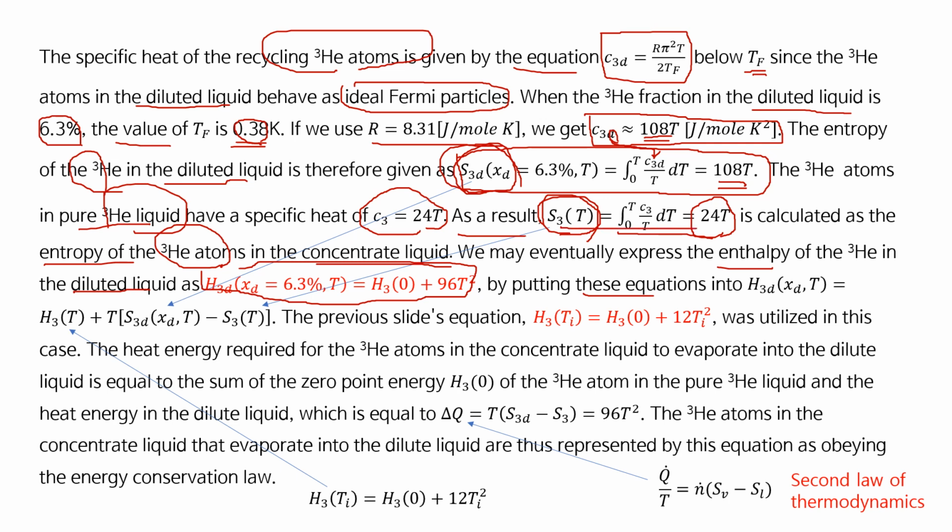In the previous slide we have this relationship. So if we put the entropy here and this one here, then we have this relationship. So there is the enthalpy of helium-3 atoms in dilute liquid.